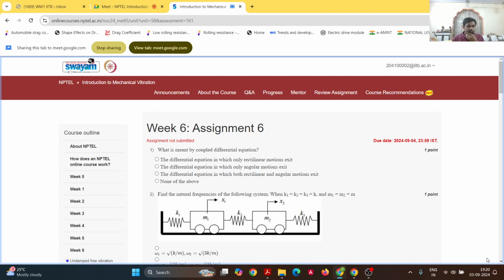According to this marking system, there will be 100 questions for 100 marks, one question of 1 point. Solving 100 questions in 3 hours is very difficult. I don't think there will be 100 questions in 3 hours.